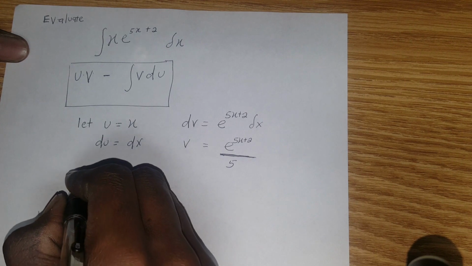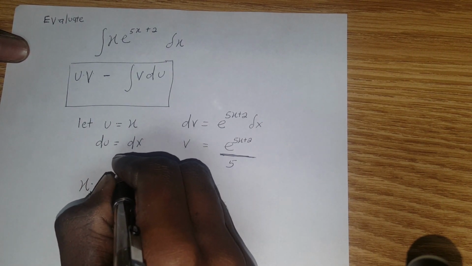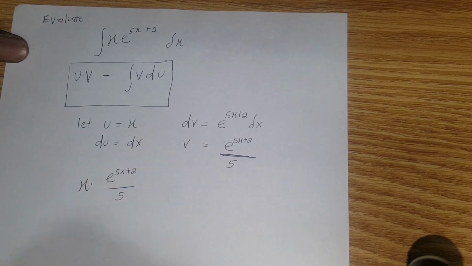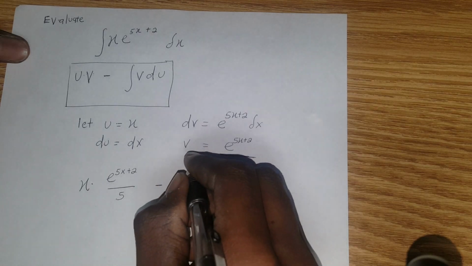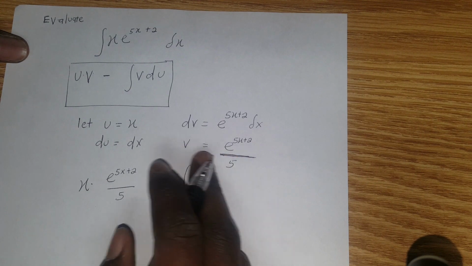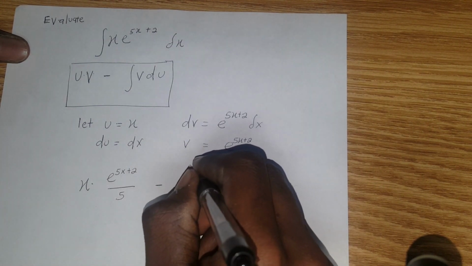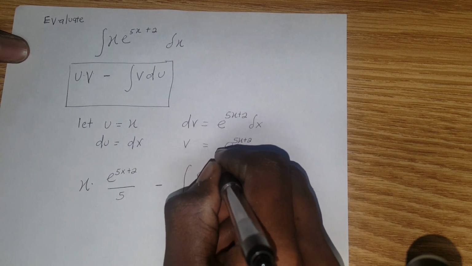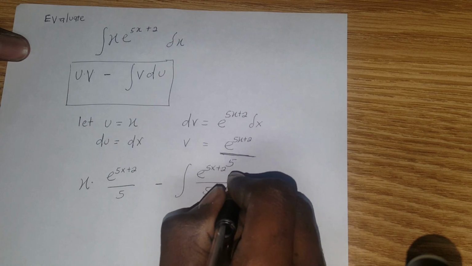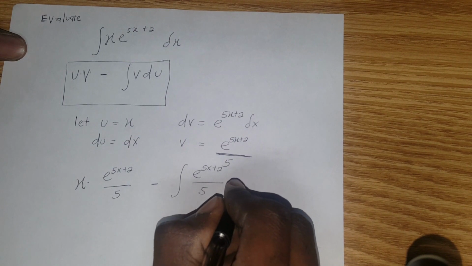We have x multiplied by e to the 5x plus 2 divided by 5, minus the integral of v, which is this guy, multiplied by du. So we have e to the 5x plus 2 divided by 5 multiplied by du, which is in this case equal to dx.